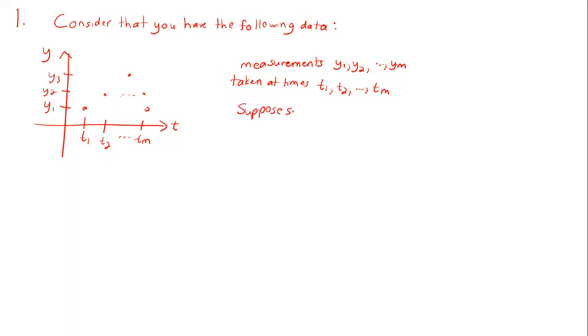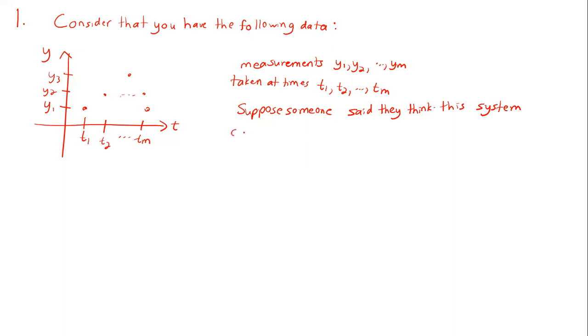And let's suppose that someone who is familiar with this data and with this process looked at all of the data and looked at the process, and they said that they think this system can be modeled as follows.